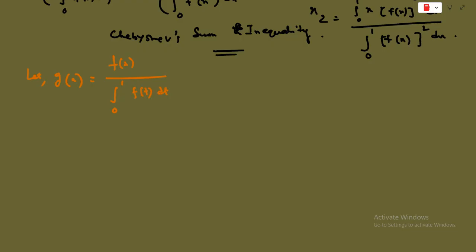Okay. Now the integral from 0 to 1 of g(x) dx is what? 1. So this turns x1 and x2 into expected values. So x1 is what? The integral from 0 to 1 of x g(x) dx, and x2 will be what?